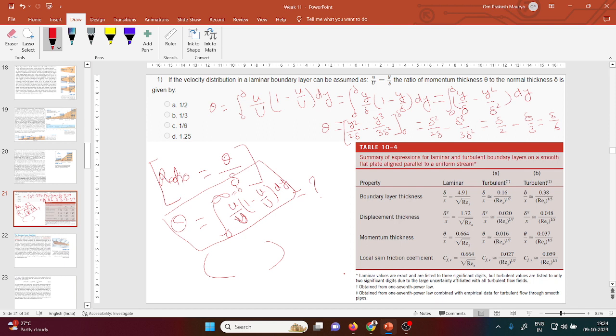The question asks for the ratio theta by delta, so theta by delta is 1 by 6. So option C is correct.